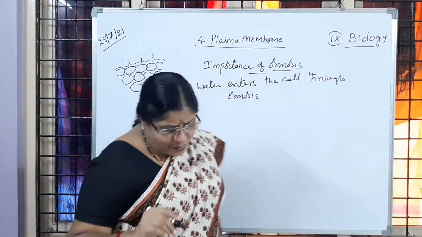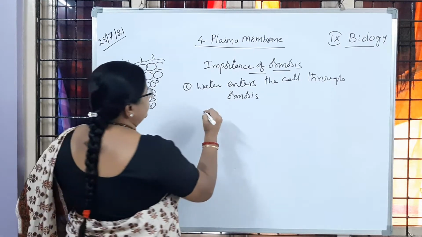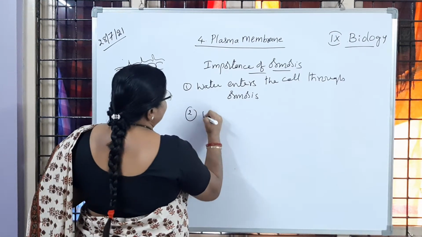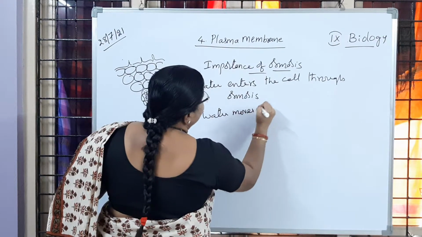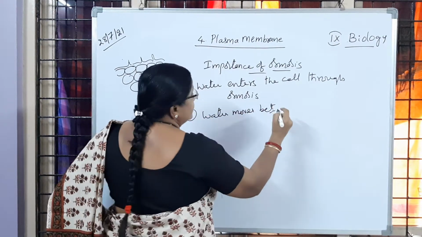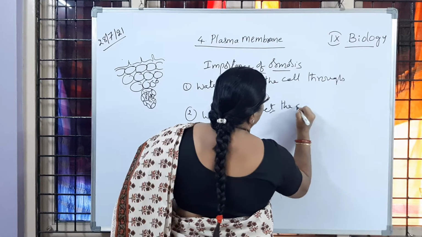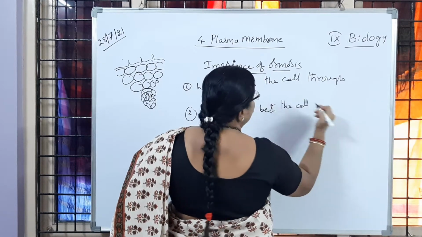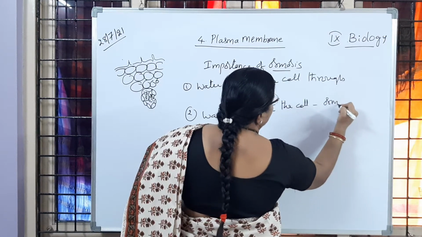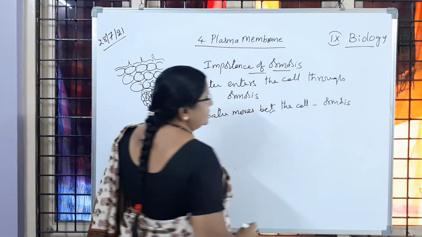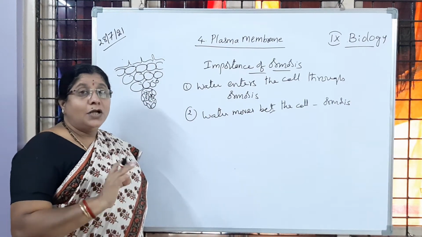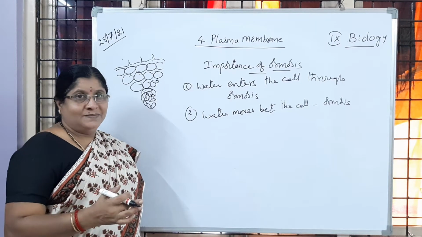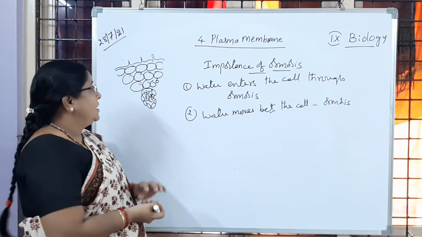Then, second point, water moves between the cells, again through osmosis. Here, concentration difference, always remember low to high, low to high, through the plasma membrane.